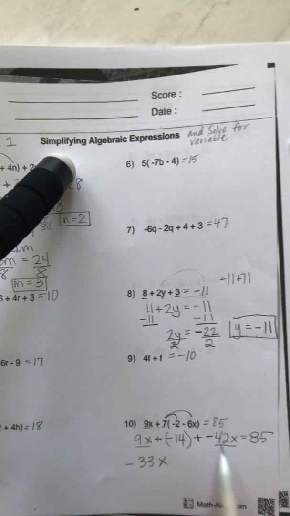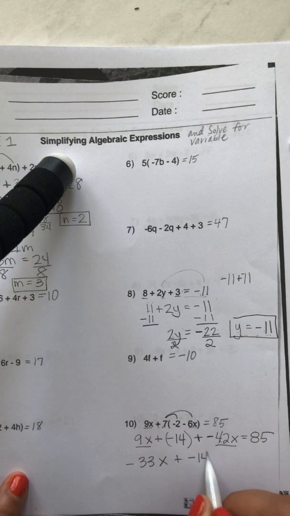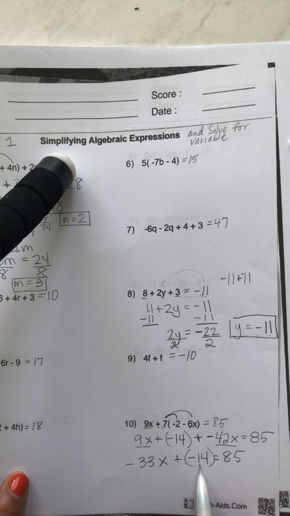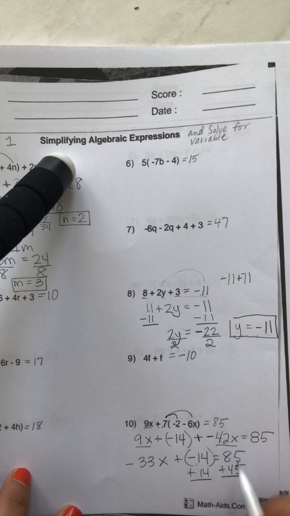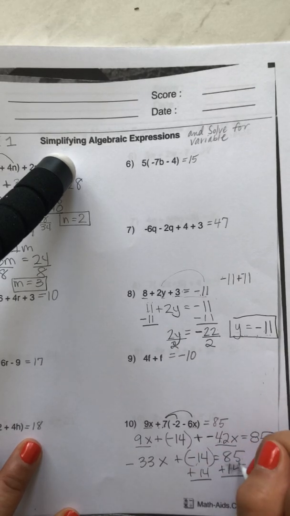Because this wins the sign. And then this is plus negative 14 equals 85. All right, so I need to get rid of this first. So I add 45, add 45. I don't remember doing this. I don't think this is gonna be right. Oh wait, sorry, not 45, 14, add 14. And then this is 99.